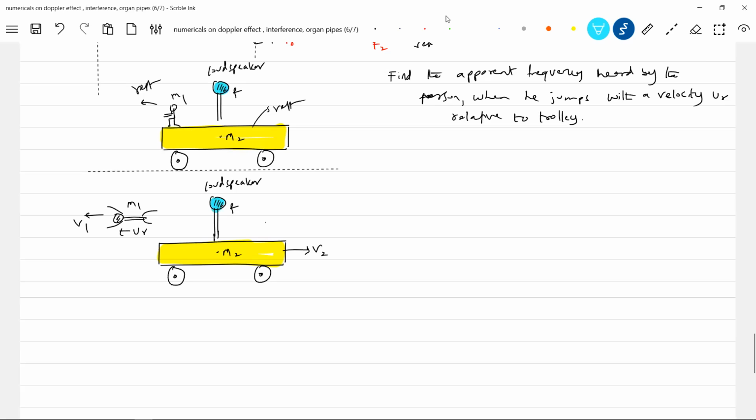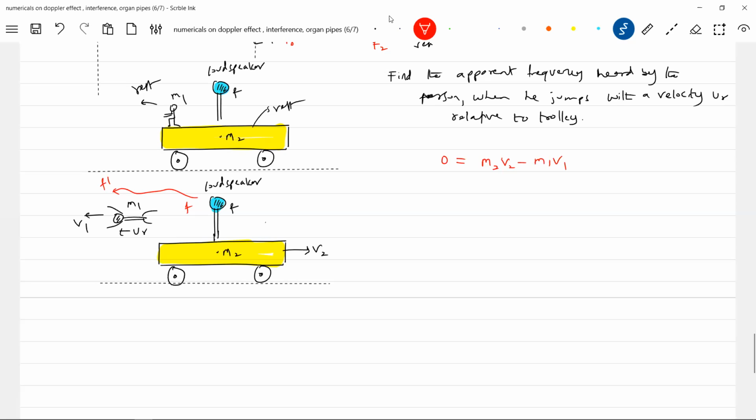Hope you are able to understand the situation here. What is the apparent frequency asking? Why will that apparent frequency come? Because the sound signal will be generated at frequency f and will be heard at frequency f dash. For that, let's use conservation of linear momentum. Initial momentum is equal to final momentum, so final momentum is m2 v2 minus m1 v1.